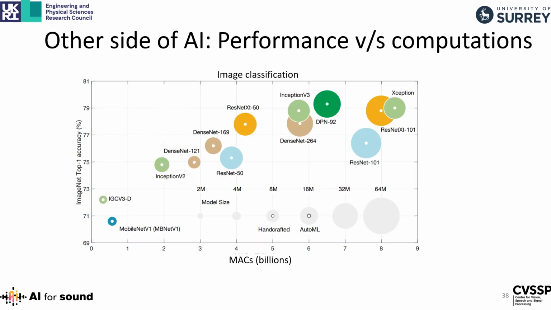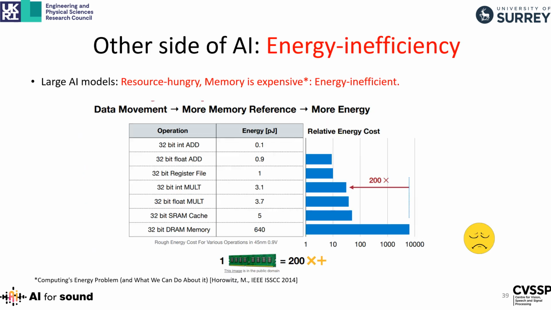And if we see the performance of AI models versus computations, again there's a high correlation: heavy computations lead to better performance. But these computations also use more resources, which makes the AI model resource hungry.